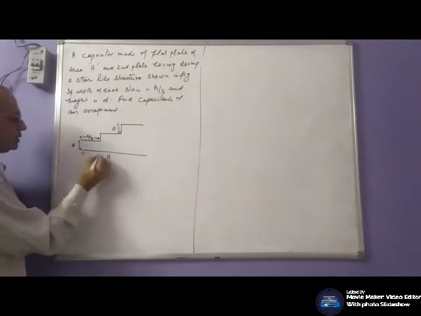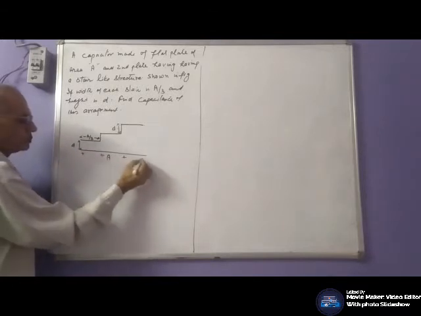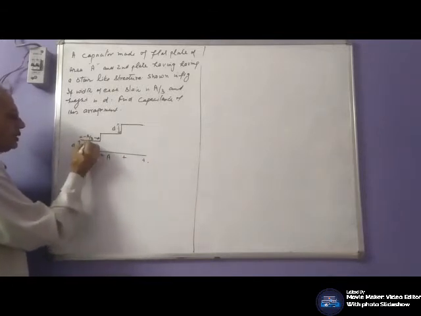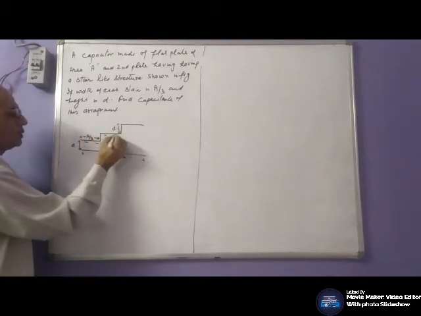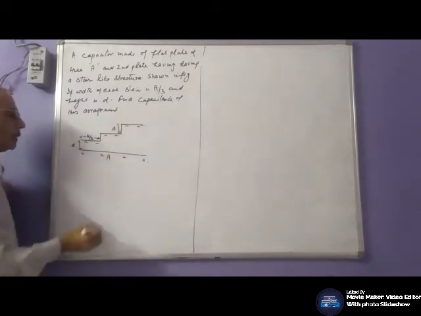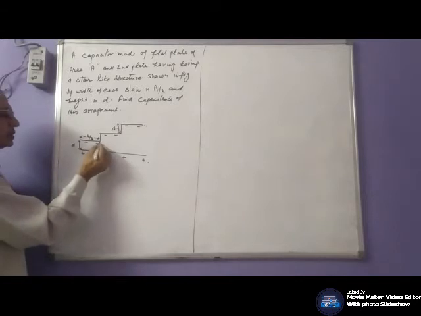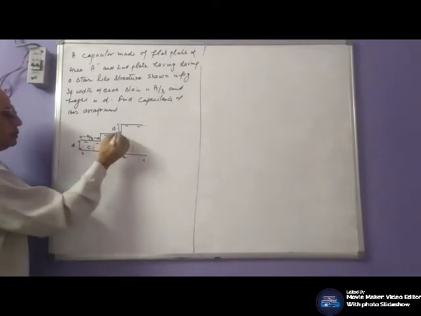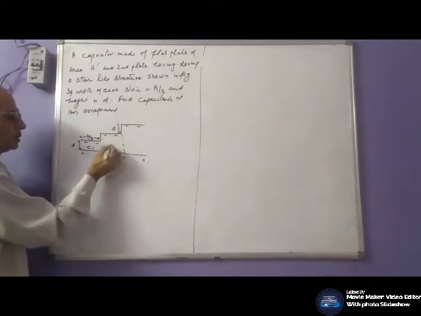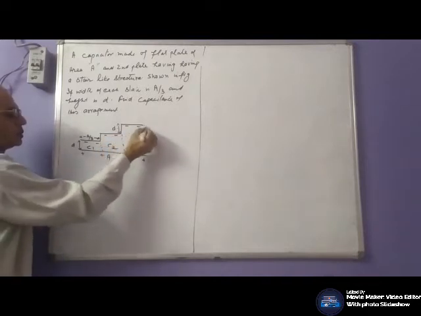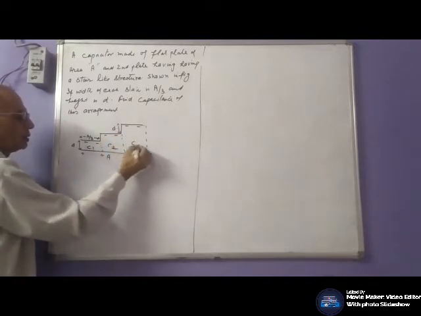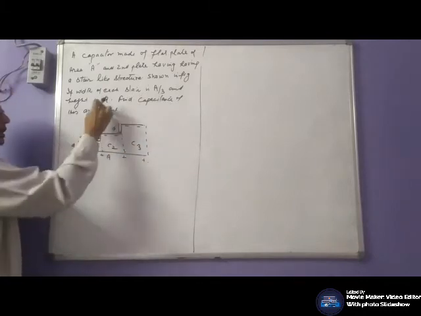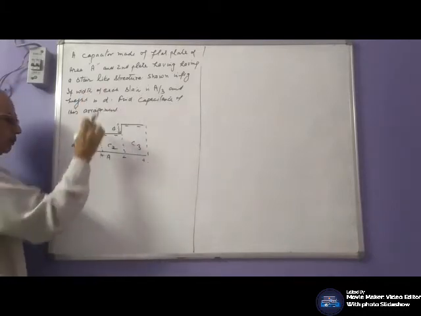Suppose this plate is positive, then this will be negative. There are 3 capacitors now. One, C1, other, C2, other, C3. Now negative connected with negative.